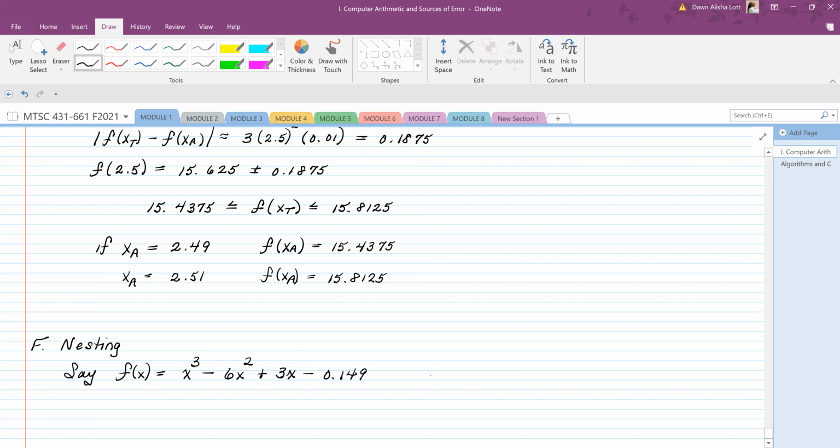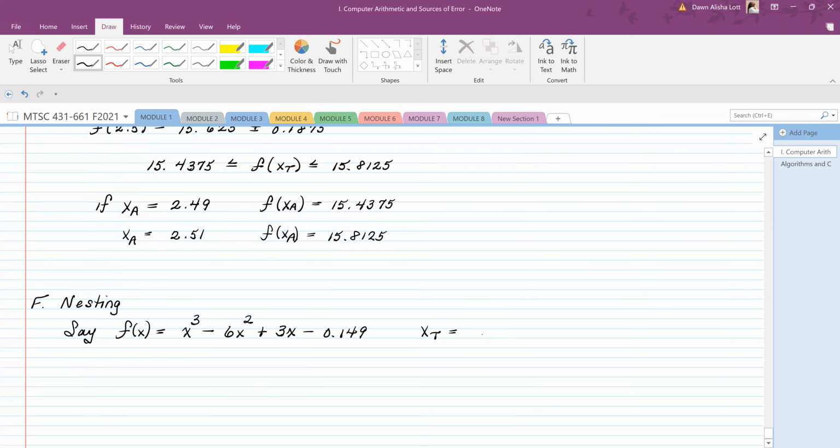X true is 4.71, and I want to use 3-digit rounding.